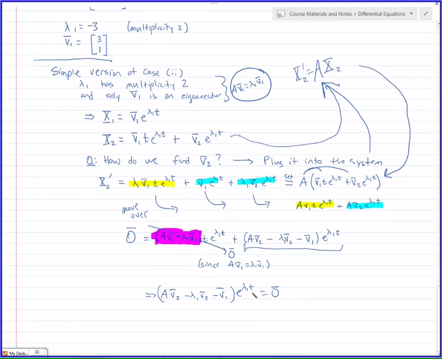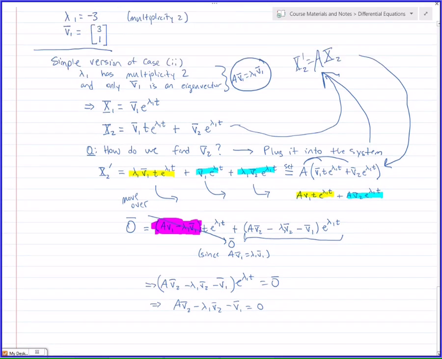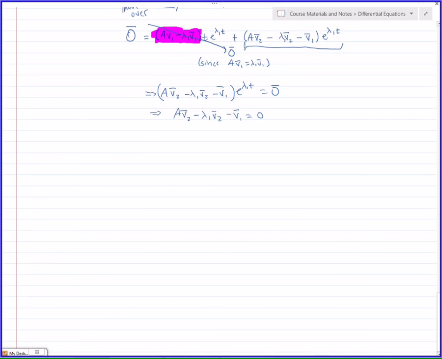And now since e to the lambda 1t is never 0, the only way for this to be 0 is if Av2 minus lambda 1 v2 minus v1 equals 0. So move this over here, because v1 we know, and then I'm going to factor out the v2 here, which is the unknown.